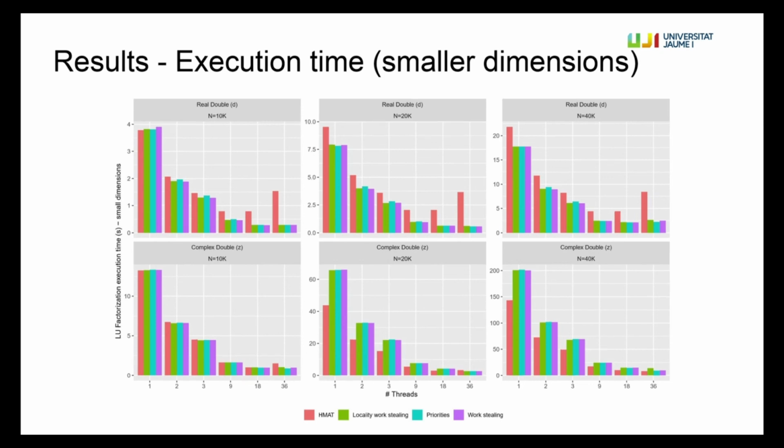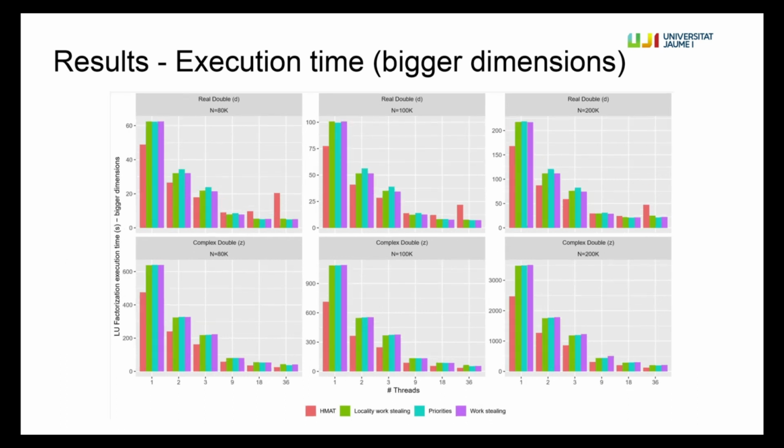We offer 3 different results for H-Chameleon because we tested 3 different scheduling policies. It can be observed that H-Chameleon is very similar or even better in real double cases, and slightly worse in complex cases, especially when employing a small number of threads.